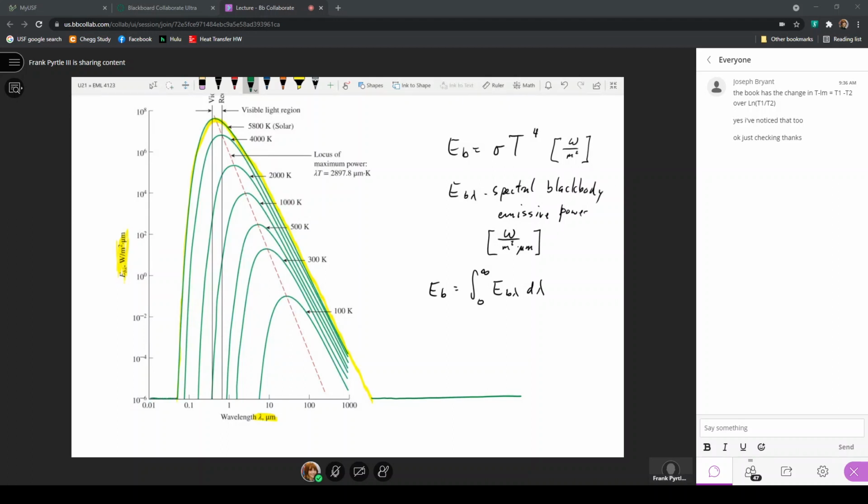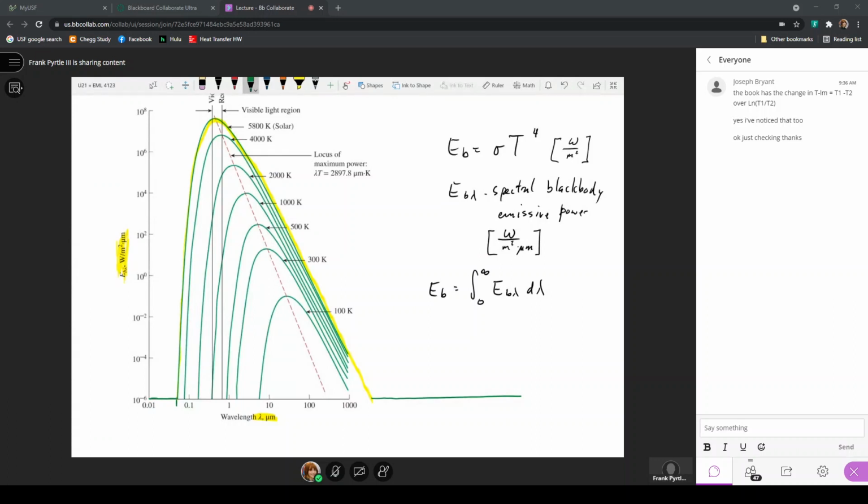Everywhere to the left of that 5800 Kelvin line is also a 0. So if I integrate from 0 to this point, or let's say from 0.1 to this point, the contribution to the area under the curve would be 0. Everything beyond where this line, if I projected it all the way back down to here, is a 0. And so there would be no contribution.